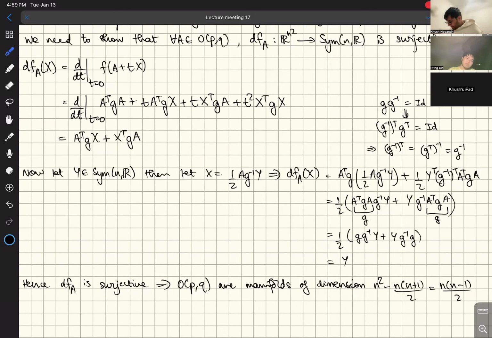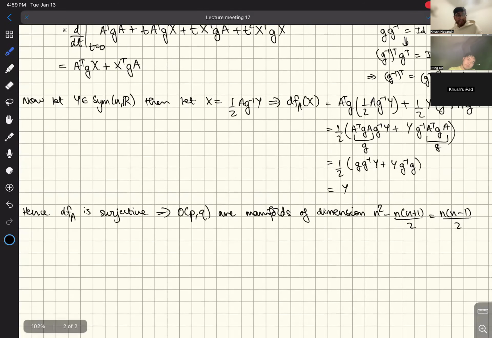And just with that, we've shown that a bunch of the orthogonal groups that we cared about before are now Lie groups. You can convince yourself that these are Lie groups because matrix multiplication descends into a smooth function on these manifolds.